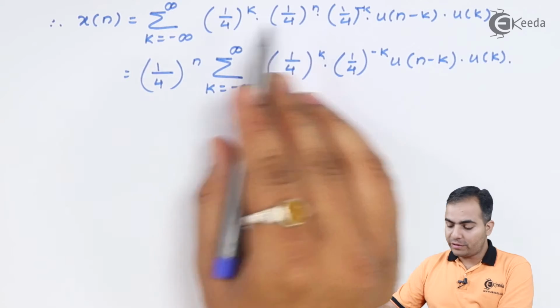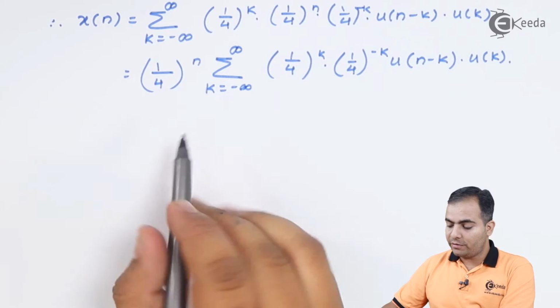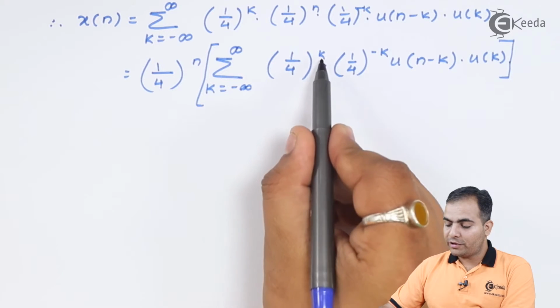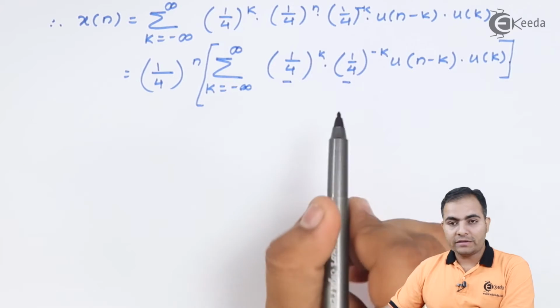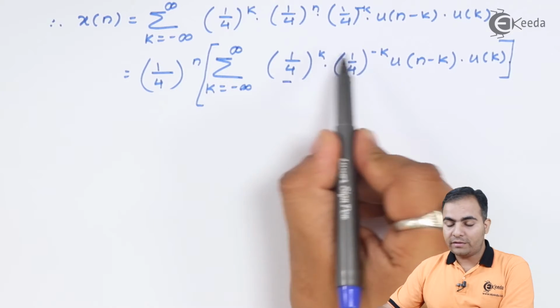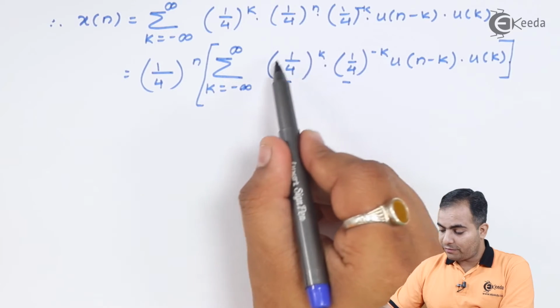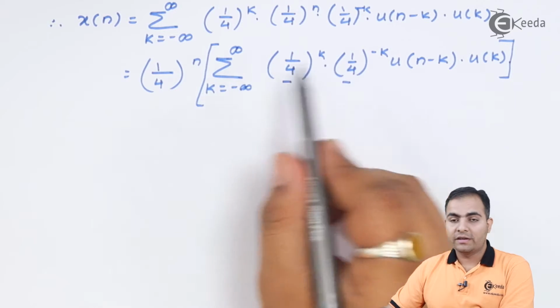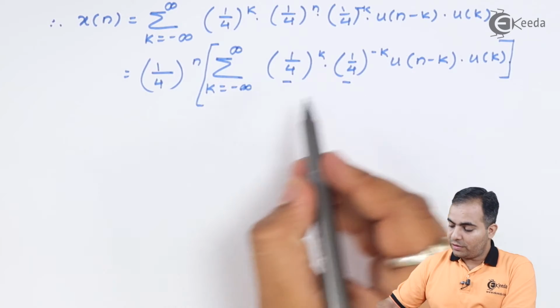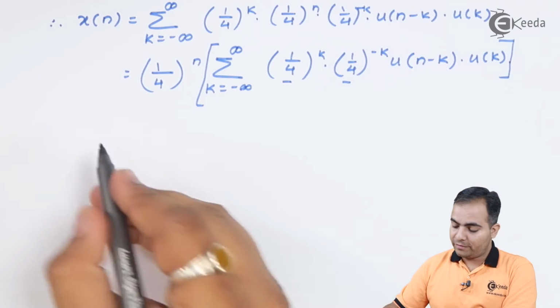So I have taken 1 by 4 raised to n outside the summation, and we have 1 by 4 raised to k and 1 by 4 raised to minus k. If the bases are the same, then the powers can be added. After adding these powers, k minus k becomes 0, and anything raised to 0 is always 1. So in the summation, you will get only u of k and u of n minus k.